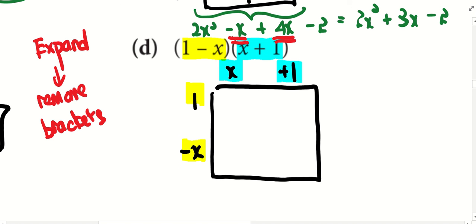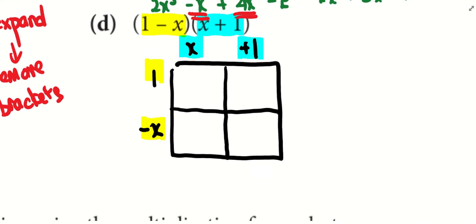What's next? Draw the box, fill in the letter and the number, split the box. Then we have to find individually what are the area in each box.